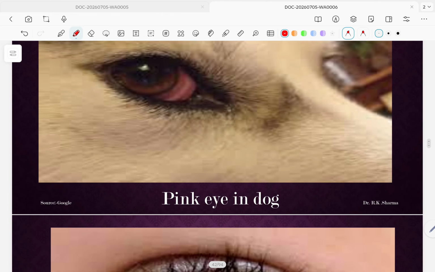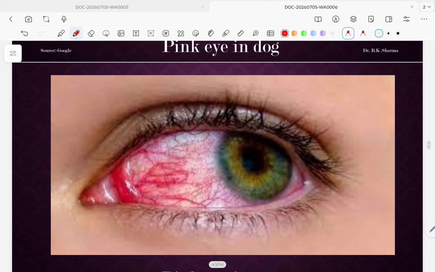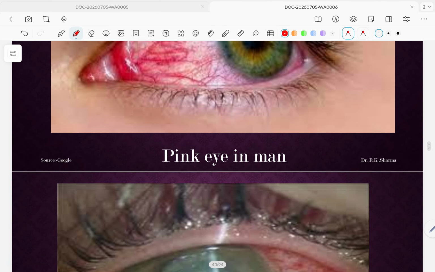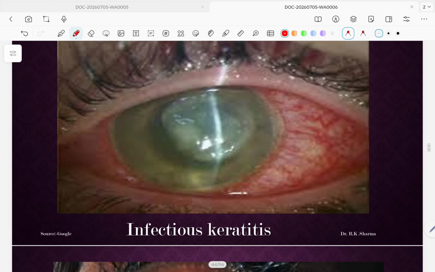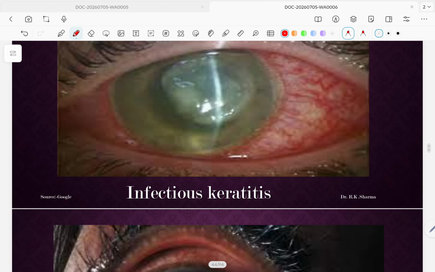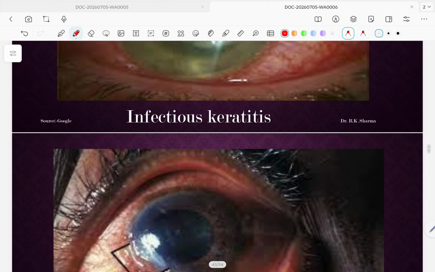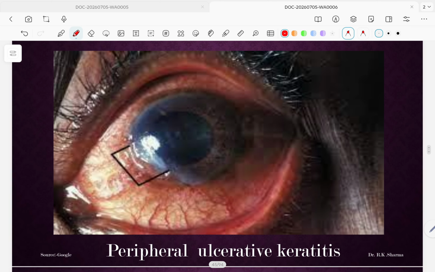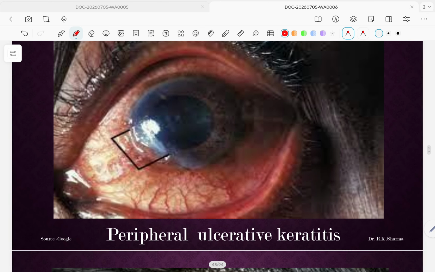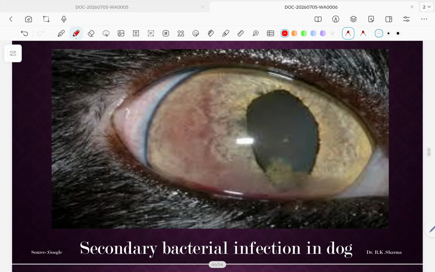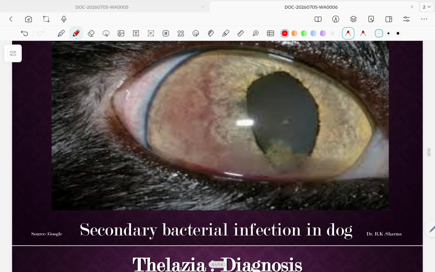Pink eye in dog. Pink eye in man. Infectious keratitis. Peripheral ulcerative keratitis. Secondary bacterial infection in dog.